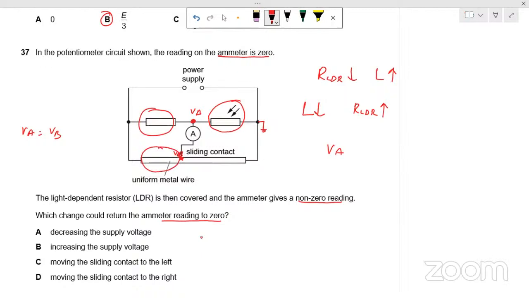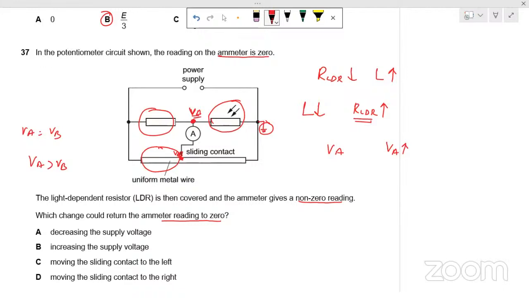But now, as the LDR resistance has increased, if we are considering this as the 0 point, then the voltage at point A is the voltage across this LDR. So the voltage VA has increased. Now VA is greater than VB.